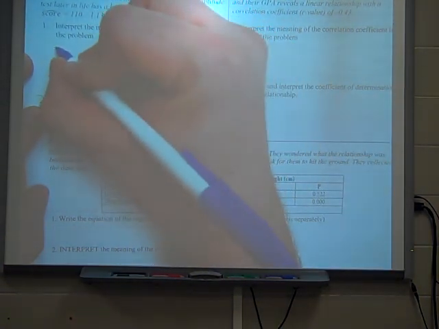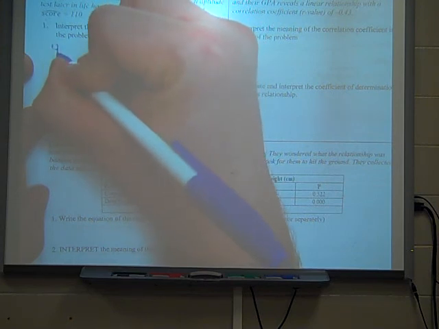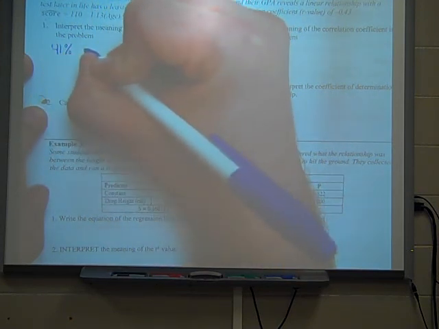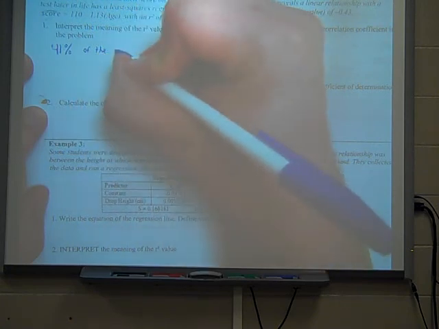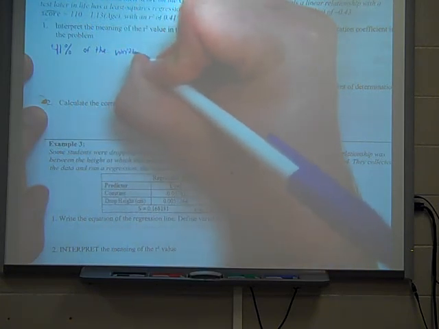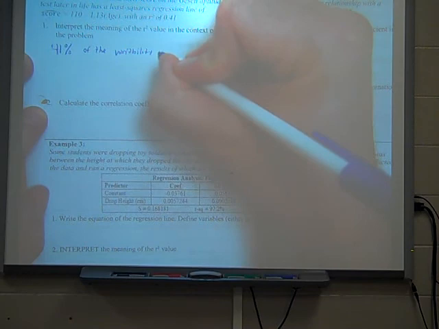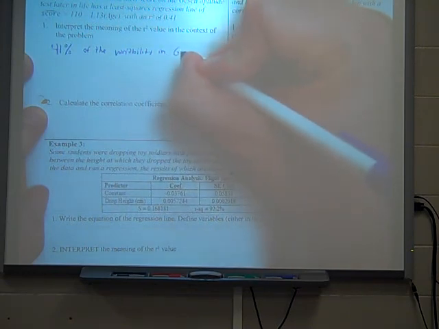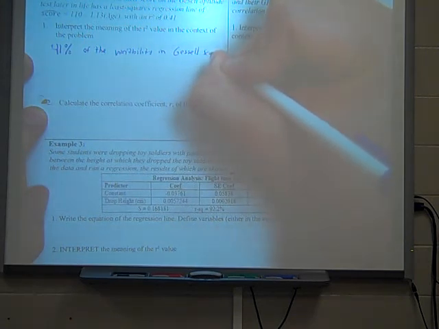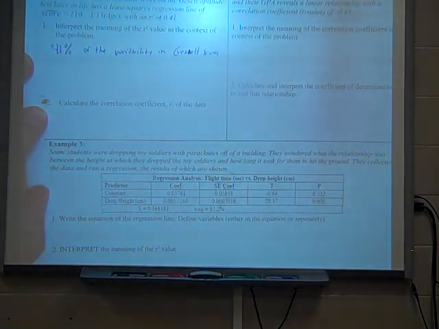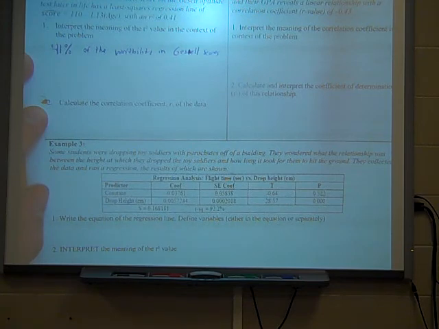And what that means is 41% of the variability in Gesell scores, that's one S, oops, Gesell scores. Obviously, there's going to be variability in that, right? Not everyone scores the same on aptitude tests, just like not everyone has the same right foot length. There's variability.